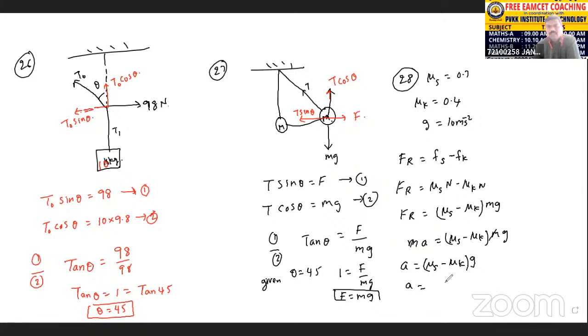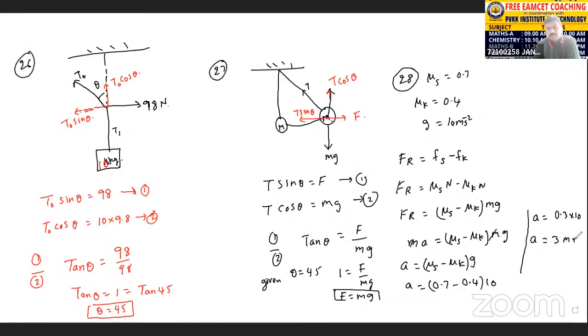values. a is equal to mu s, the static frictional coefficient 0.7, minus the kinetic frictional coefficient 0.4, into 10. So acceleration a is equal to 0.3 into 10. a is equal to 30, sorry, 3. 0.3 into 10 is 3.